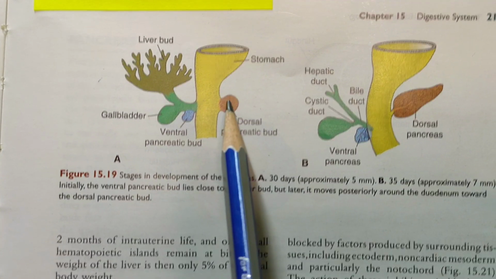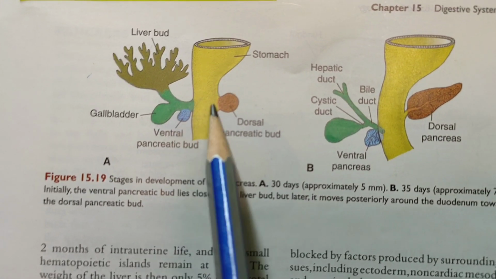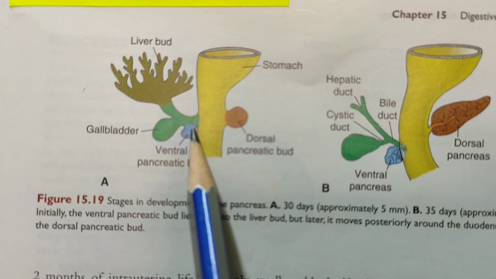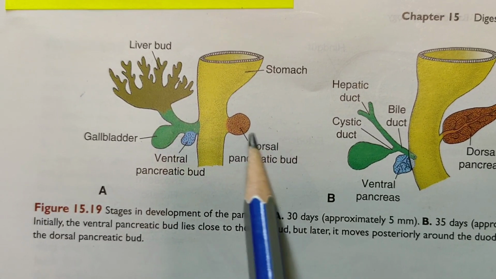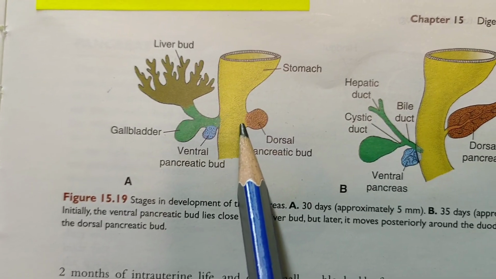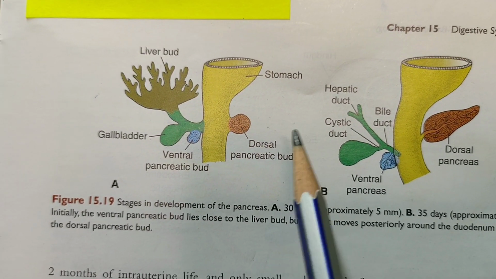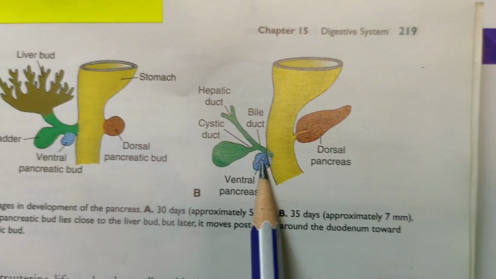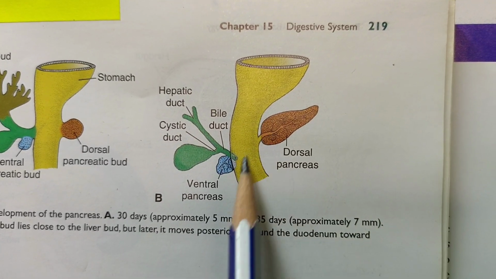These endodermal cells of the foregut proliferate ventrally and dorsally. This is the ventral pancreatic bud, which proliferates towards the ventral mesogastrium, and this is the dorsal pancreatic bud, which proliferates towards the dorsal mesogastrium. So here is the ventral pancreas and the dorsal pancreas, from endodermal cell proliferation.